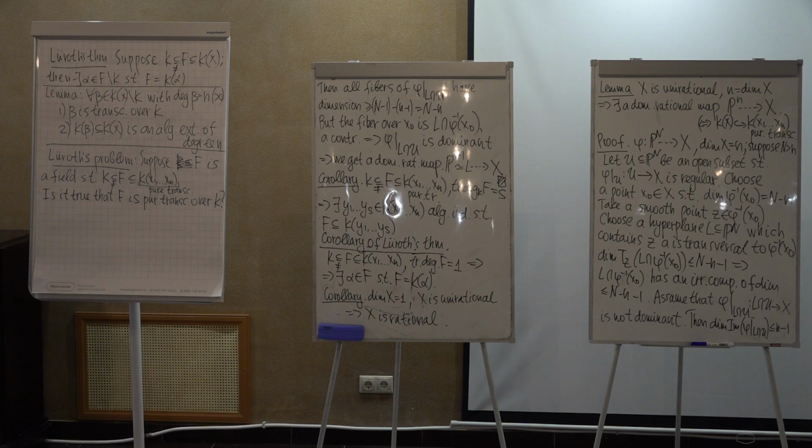So in dimension 1, these two properties coincide. Actually, I told you yesterday that in dimension 2, there is also a similar result. And only starting from dimension 3, there are counterexamples.